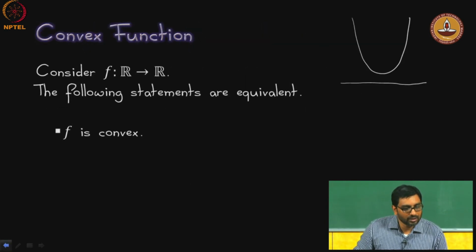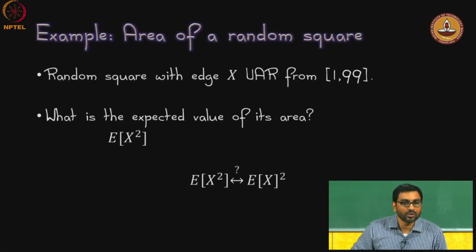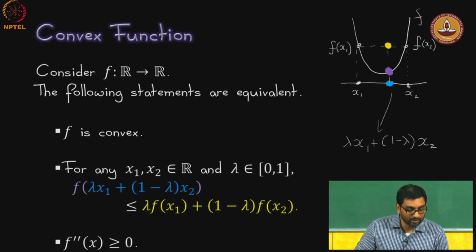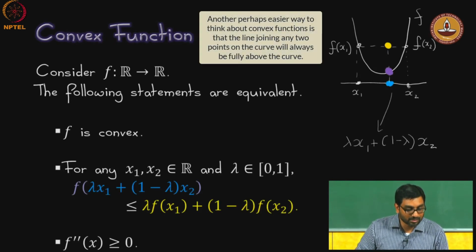So, let us notice that x squared is a convex function. Let us be precise about what we mean by a convex function. Here is the definition. There is a way of defining it as 3 equivalent statements. So, f is convex, and the equivalent statements that define the notion of convexity are the following. Suppose we have this function f shown over here.